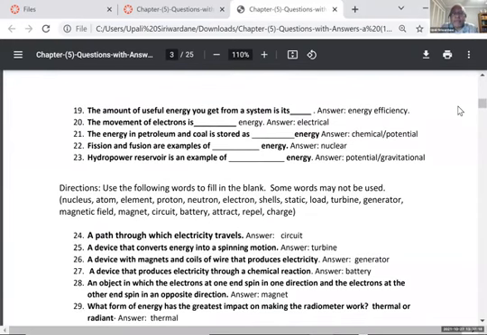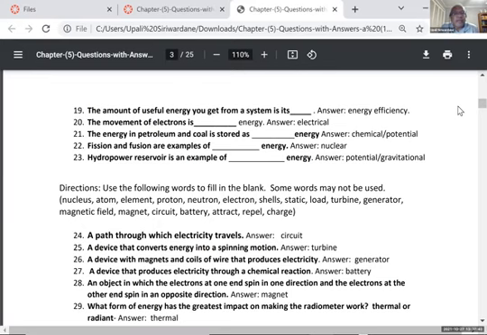We talk about power plant efficiency. Not all heat is converted to electricity, only 35 or 37%. The movement of electrons is electrical current. The energy in petroleum and coal is stored as chemical or potential energy.